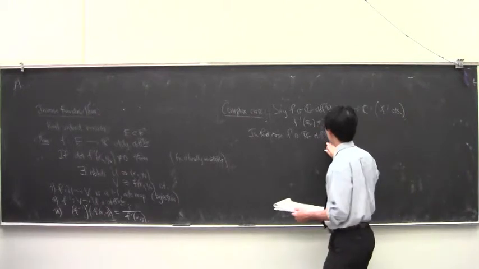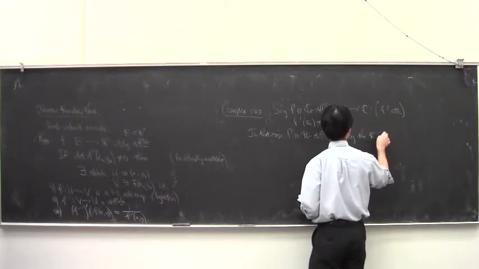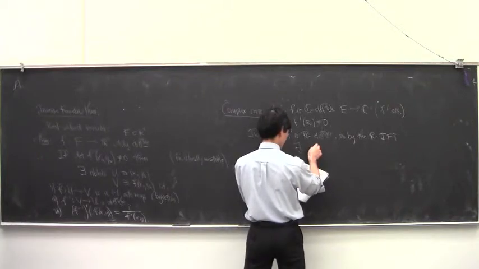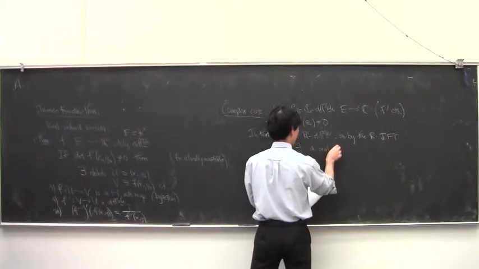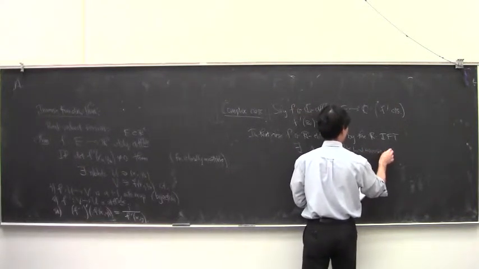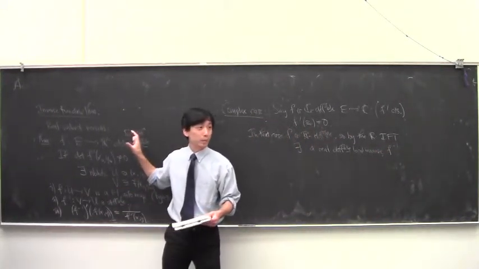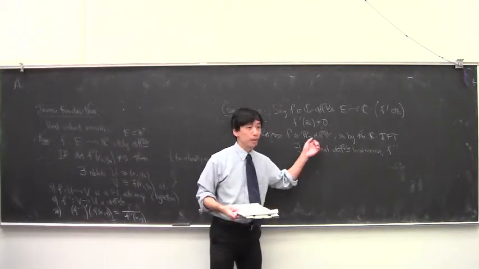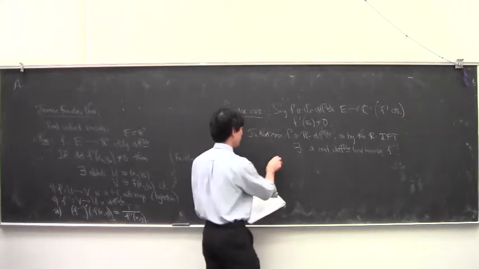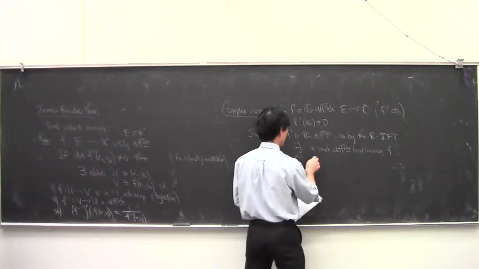And so by the real inverse function theorem, we know there exists a real differentiable local inverse. So we just apply the previous theorem. The only question is whether this real differentiable local inverse is complex differentiable.